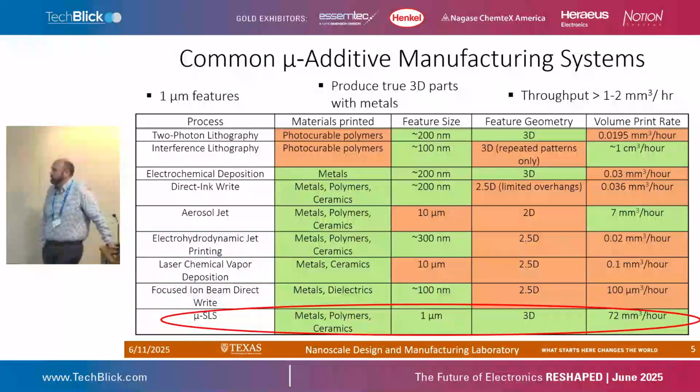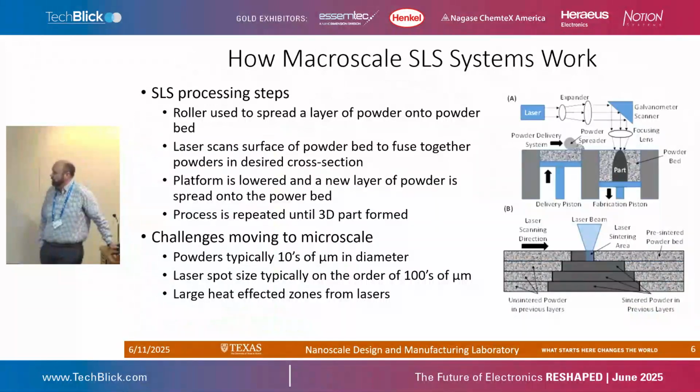So what we developed was what we call a microscale selective sintering process, which I'll talk about how that works in a minute. If you're familiar at all with additive manufacturing, in a standard selective layer sintering process or direct laser melting process, basically you take a powder of particles, usually metal particles.